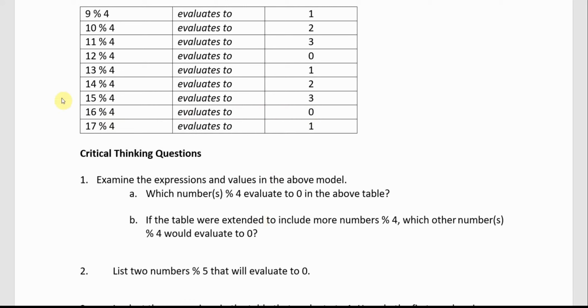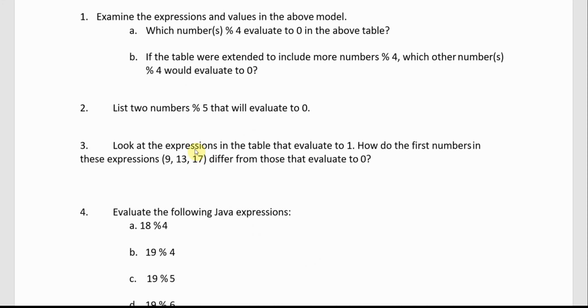So every time you encounter a number that is evenly divisible by 4, you would not have a remainder, so that third column would be 0. If you have a number evenly divisible by 5, it would have a remainder of 0, such as 10, 15, 20, 100, or 1,000.